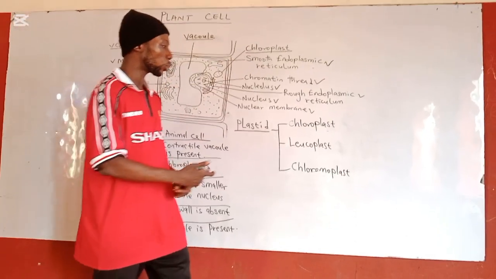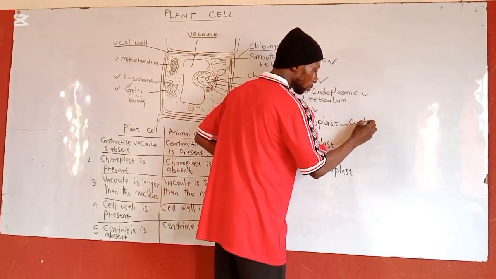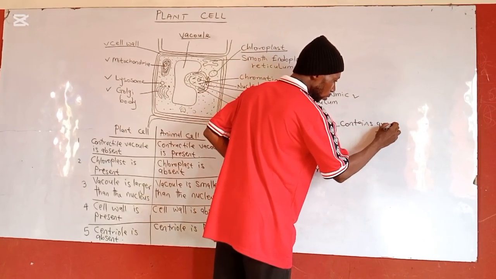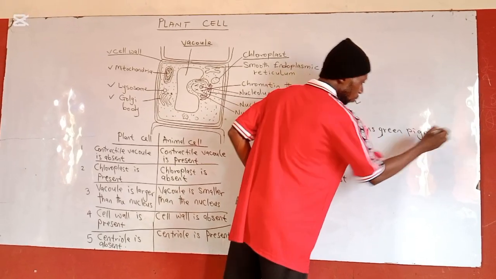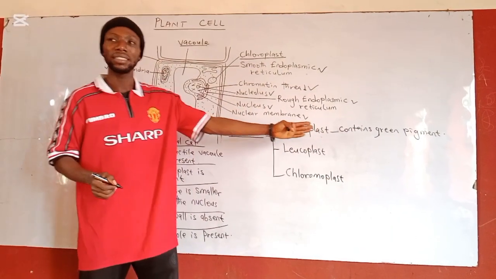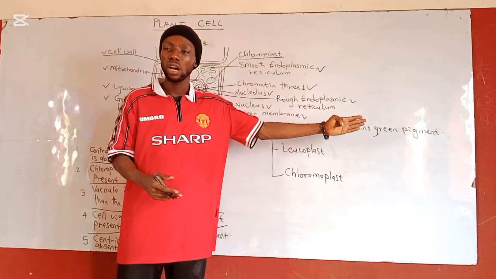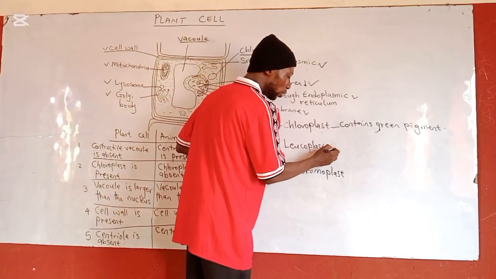Now, what are their functions? This here contains green pigment. It contains the green pigment necessary for photosynthesis, and that green pigment is chlorophyll. This one is white in nature.